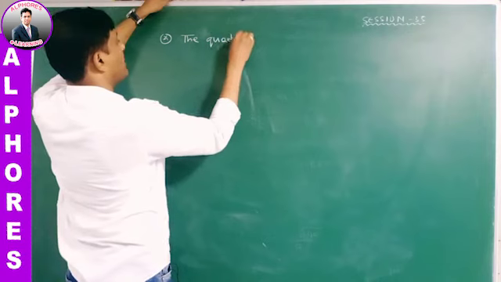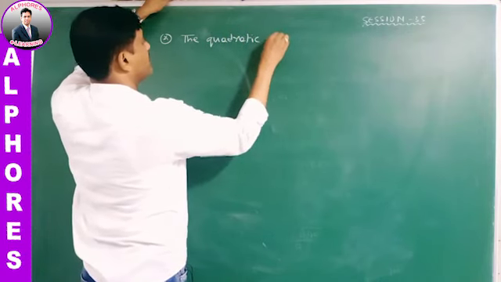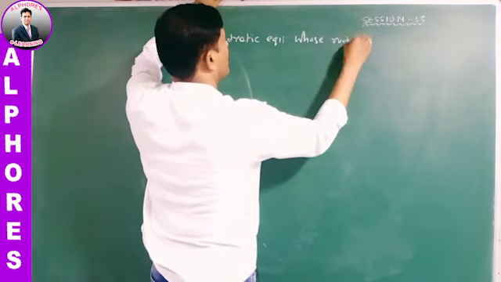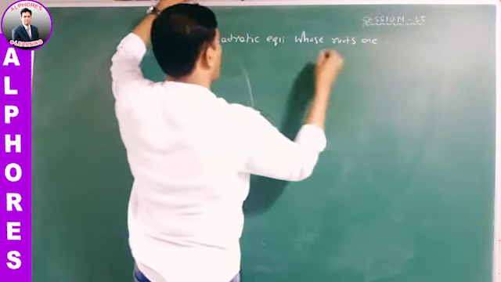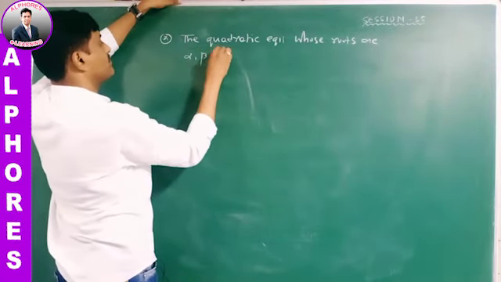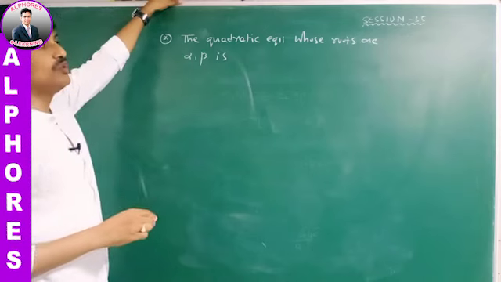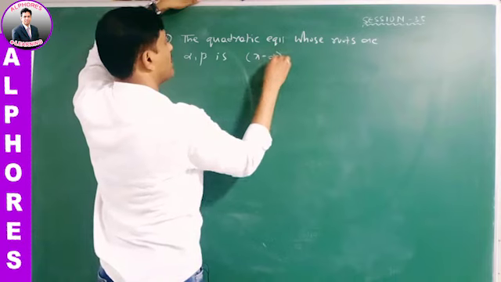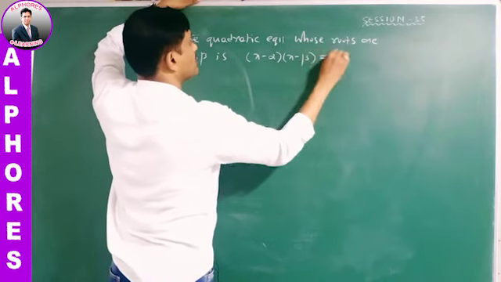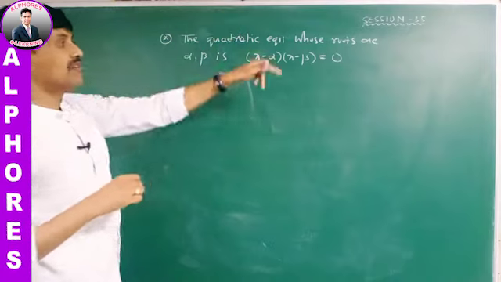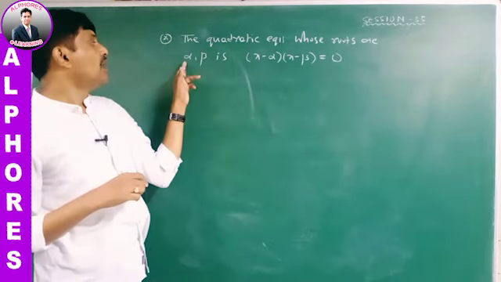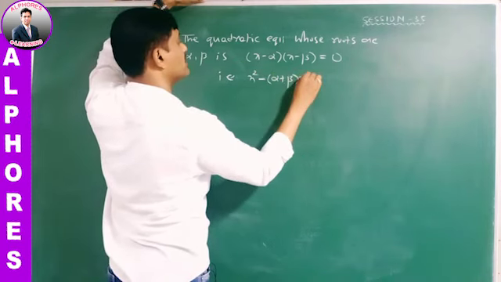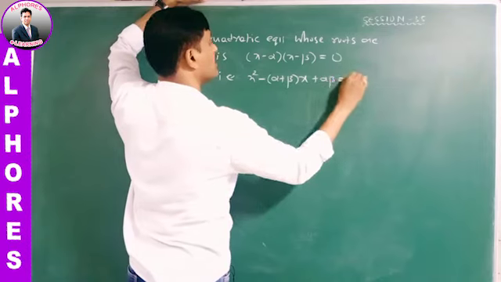The quadratic equation whose roots are alpha comma beta is x minus alpha into x minus beta is equal to 0. The quadratic equation having the roots alpha comma beta is x squared minus alpha plus beta into x plus alpha beta is equal to 0.